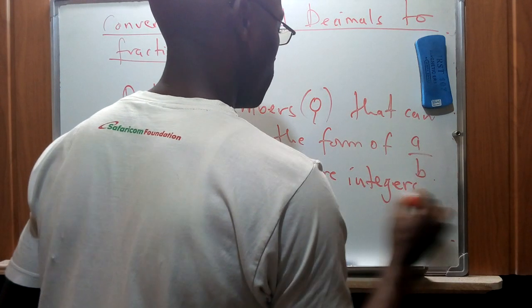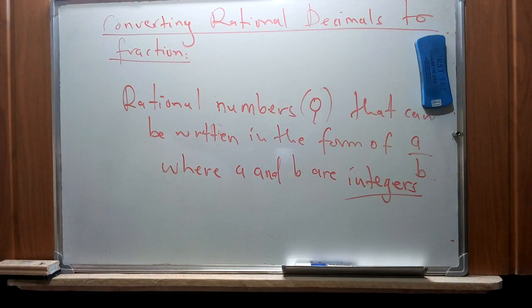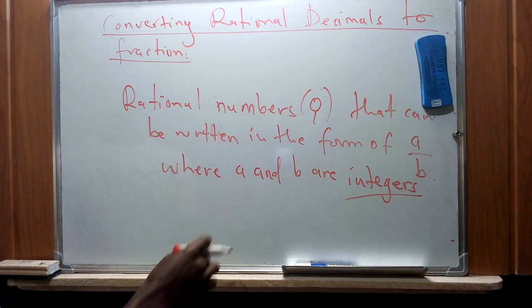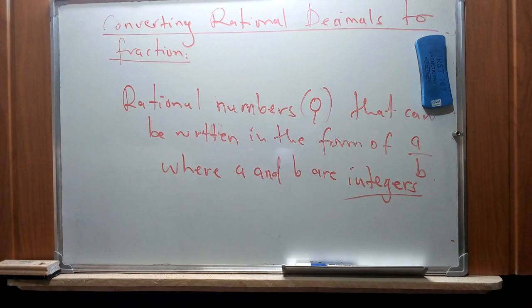In our discussion about numbers, we discussed rational numbers, integers, natural numbers, etc. Here we are trying to see the relationship between these rational numbers and the decimal fractions.